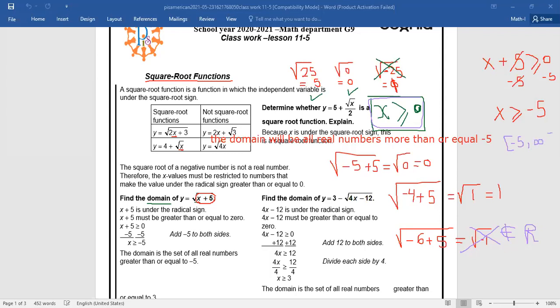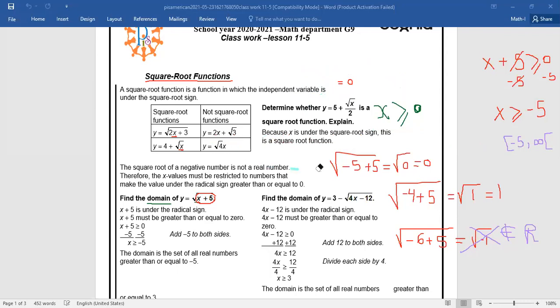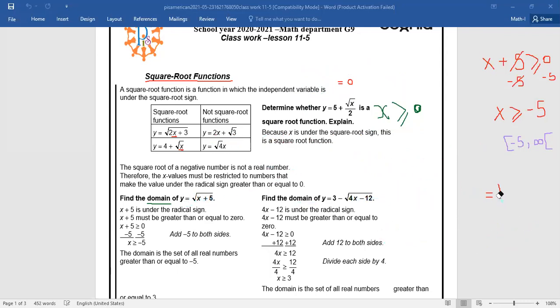The infinity. So we can write it like this. The domain will be all real numbers more than or equal to negative 5, which means negative 5 is part of our answer, and until the end, all the numbers bigger than negative 5. Okay, understood this part, grade 9? Yes, miss. Thank you. Okay, let's move to the next question.